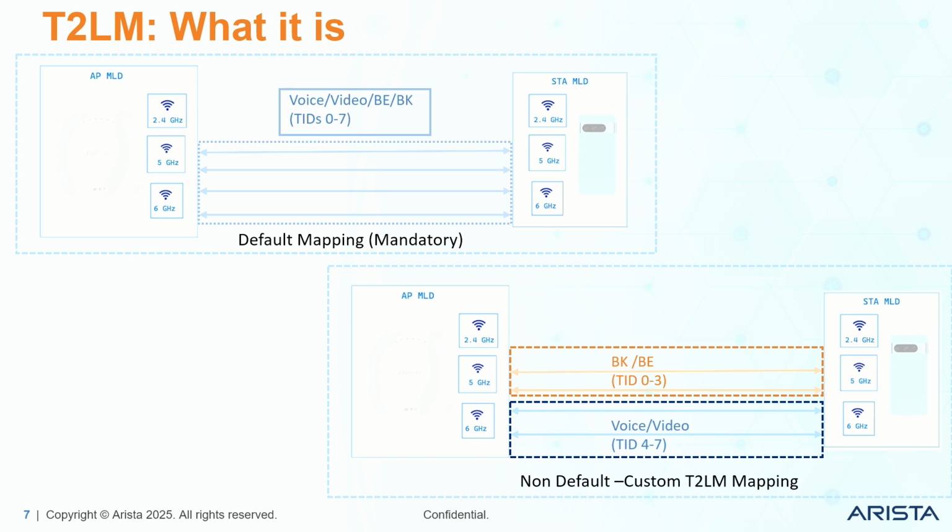There are two mappings available. One is the default mapping, which is mandatory as per the standard. Another is a custom mapping. Let us go one by one. In the default mapping, all ACs belong to all links. That means any voice or video frame you transmit will go on both links, but you don't have any customization.